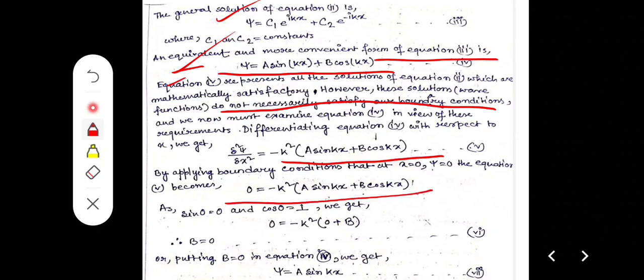As we know, sin 0 is 0 and cos 0 is 1, so we get minus k square (0 plus b), which is ultimately 0. That is, b equal to 0. Applying this, we get psi equal to a sin kx.